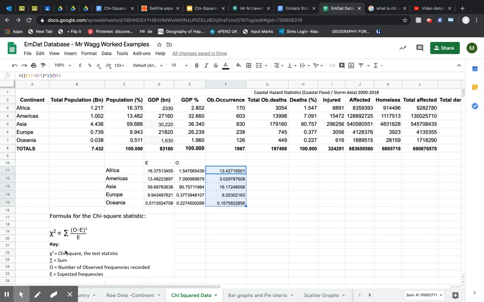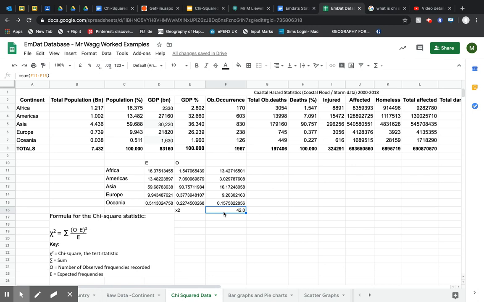Okay, so the next step, because my chi-squared value is going to be the total of that. So I want the sum of these cells, enter, and I get 41.99. Again, I can get rid of some decimal places there.